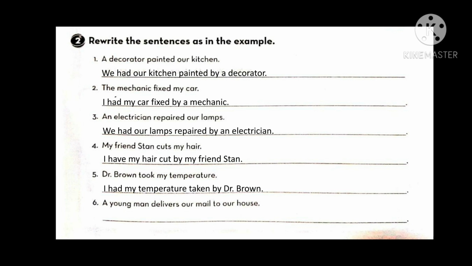Excellent. Number 6. A young man delivers our mail to our house. A young man delivers. We have S. So this is a simple present form. Our mail. Our. So we are talking about we. That's right. We have our mail delivered to our house by a young man.